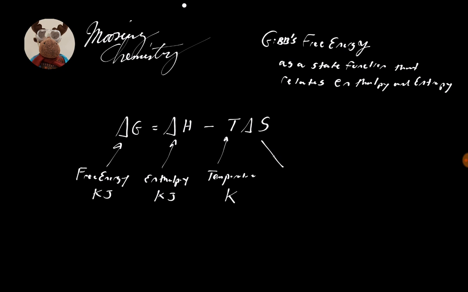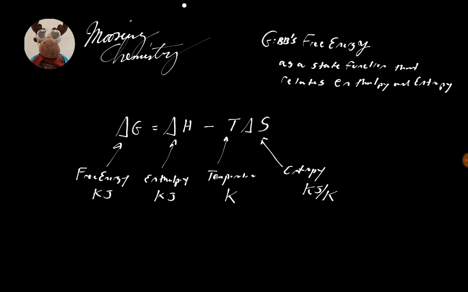And delta S is our entropy, and remember that our entropy is in kilojoules per Kelvin. Entropy is the energy that is distributed or dispersed among the various motions of the molecules of a system. In other words, we're talking about the state of disorder.